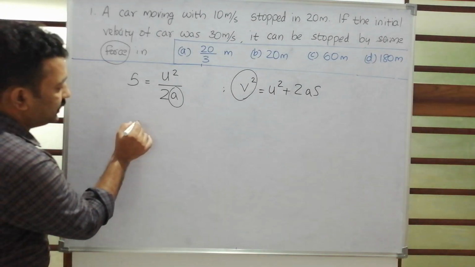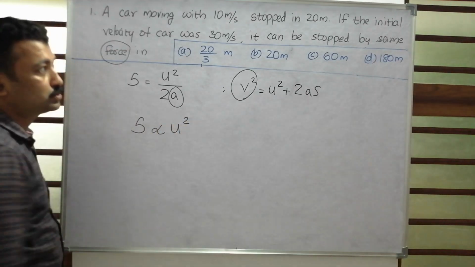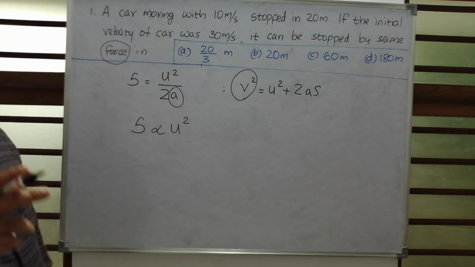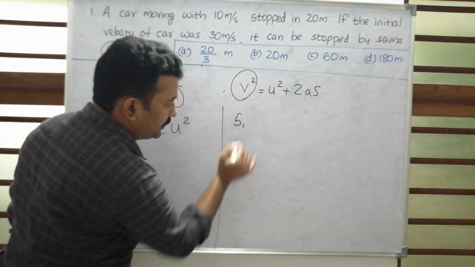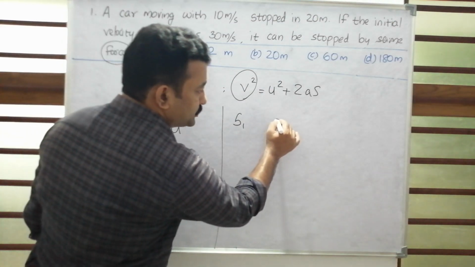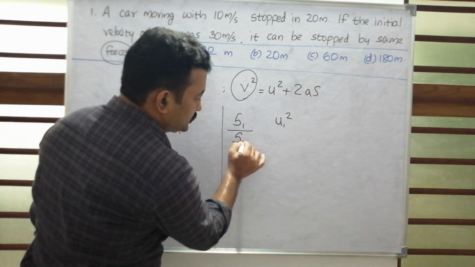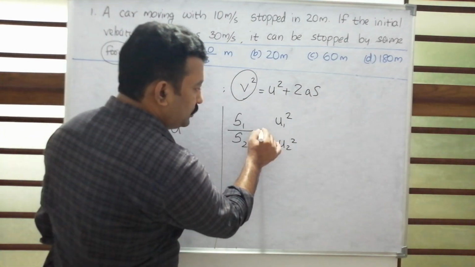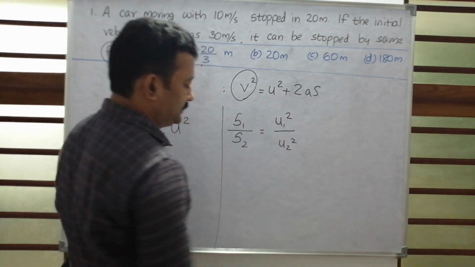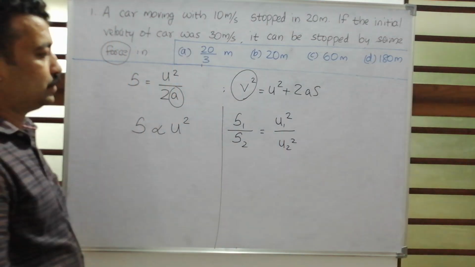So I can use the proportionality, S is proportional to u square. We will form two equations in which S1 is the stopping distance in the first case, which is proportional to u1 square, and S2 which is proportional to u2 square. Proportionality, when you derive, becomes equality. So S1 by S2 is equal to u1 square by u2 square.